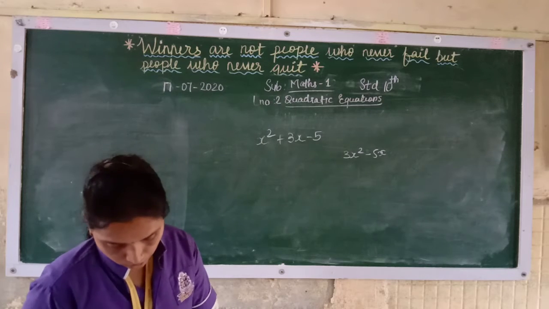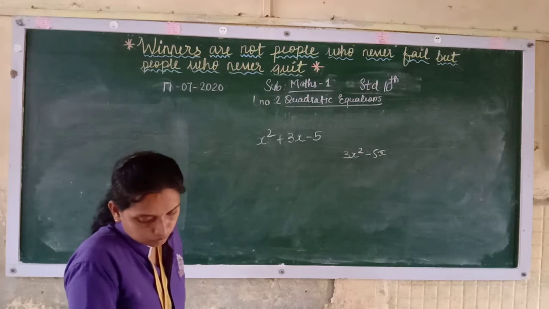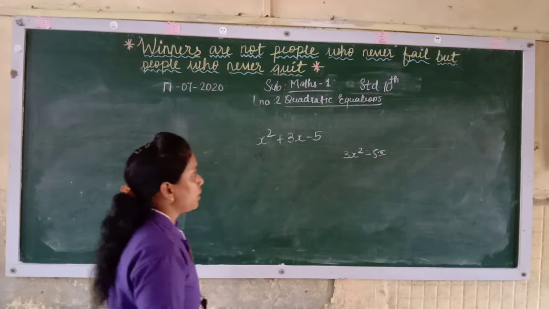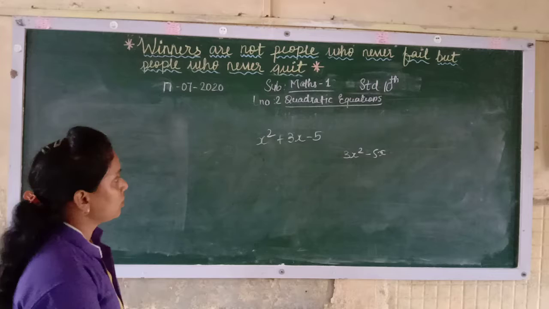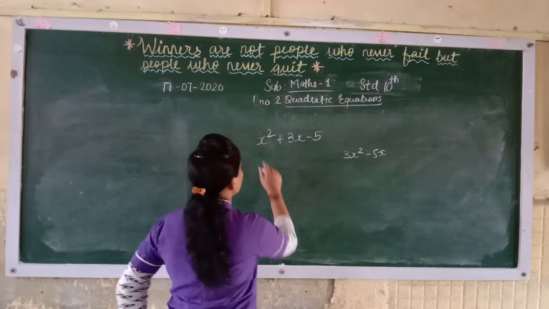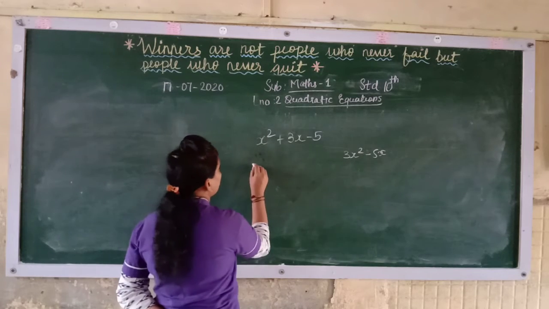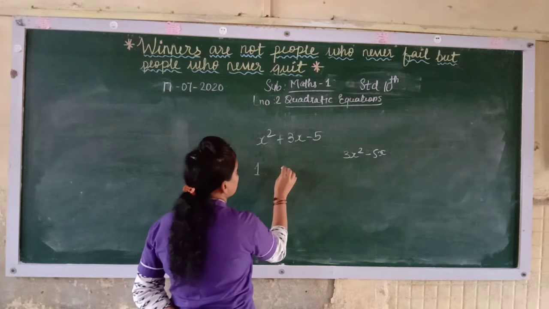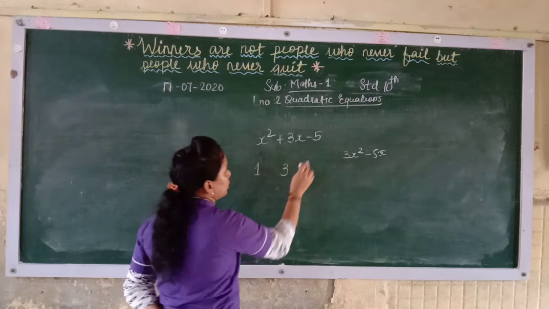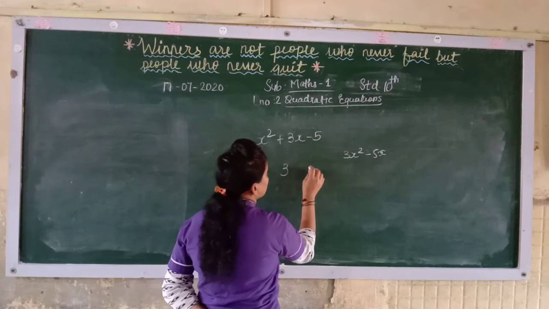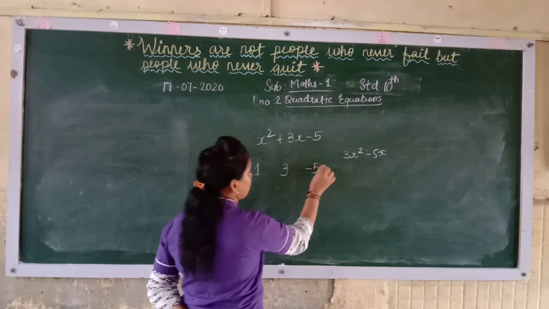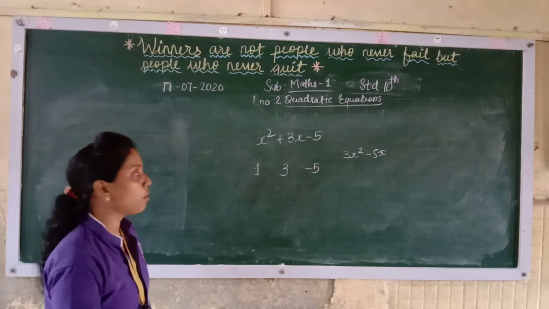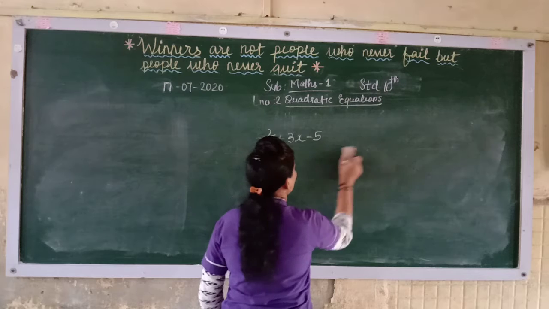How can you find out the coefficients over here? Coefficient of x square is 1. Coefficient of x is 3. And the constant is minus 5. You will come to know this when you compare with the standard form of the equation. That is how you will do it.